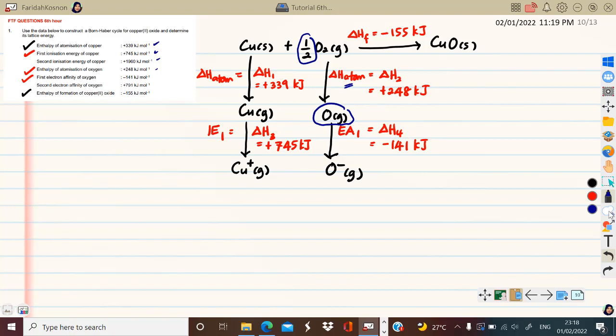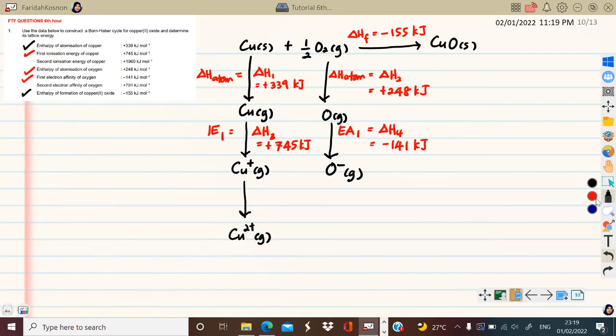Okay. Alright. So saya delete dulu bulatan ini. Okay. So kalau masih tak jelas kita tengok seterusnya. Copper undergoes the second ionization where copper plus gaseous ion removes 1 mole of electrons and forms copper 2 plus gas.